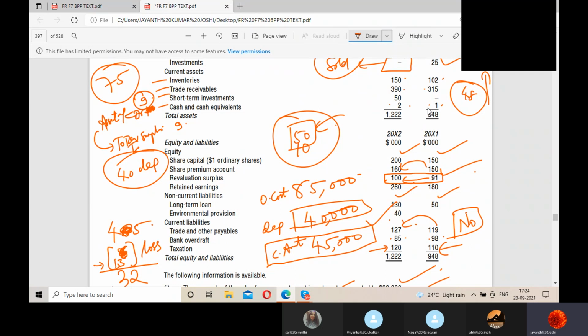So 98, you had cash this much and you were having a payable of this much. Then you have this 50 cash and short-term investments, so 52. Just a second, I'm doing some calculation.